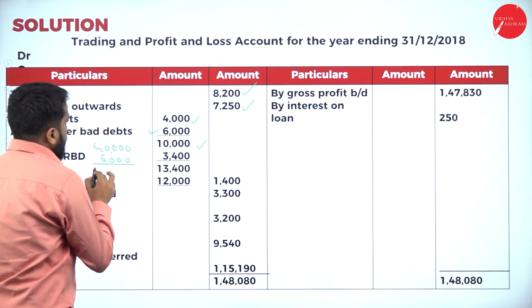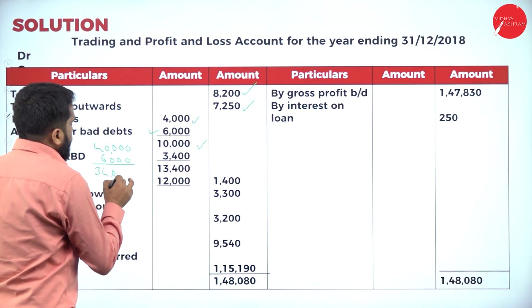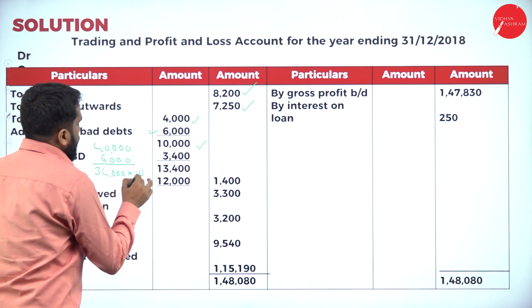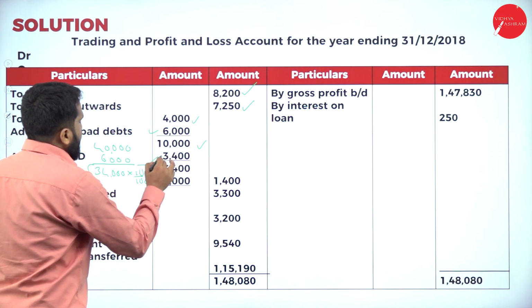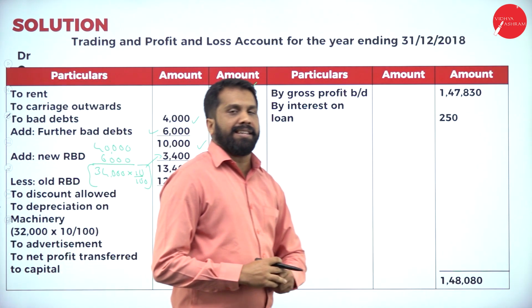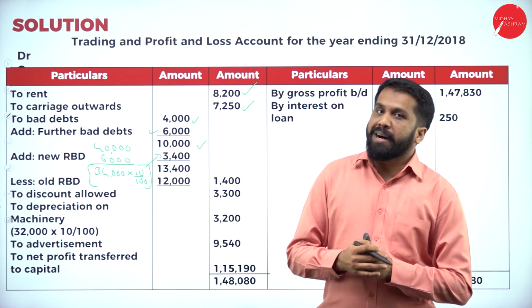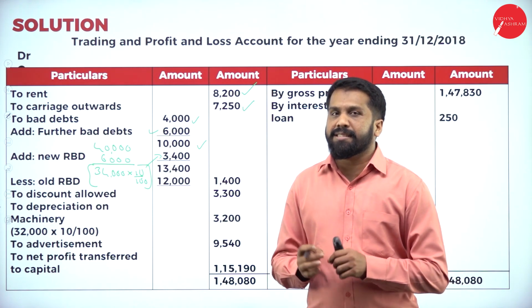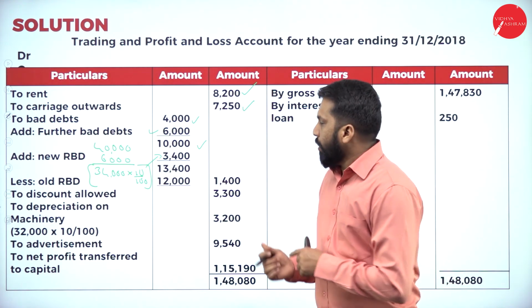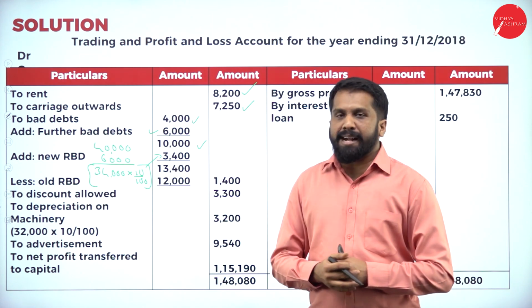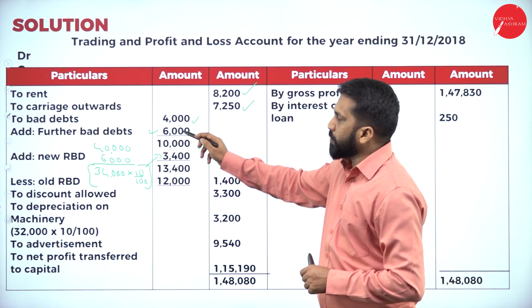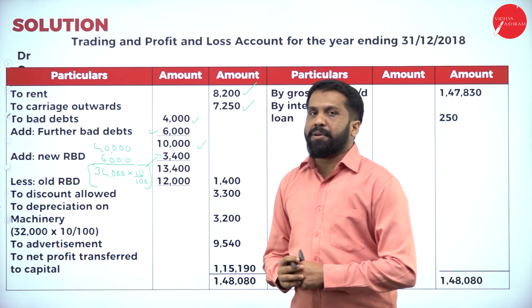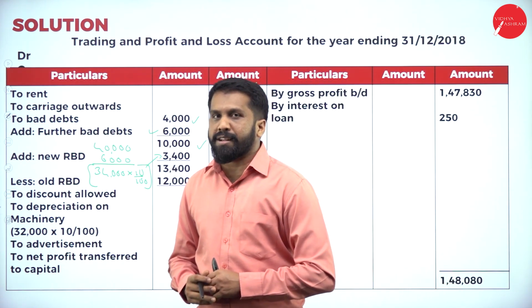How much is it? 34,000. What is the calculation? 10%. How much will you get? You will get 3,400. Any doubt? 40,000 minus 6,000. The answer is 3,400. On that, you should calculate 10%. It will be 3,400. If 6,000 was not there, directly you can calculate 10% on 40,000.